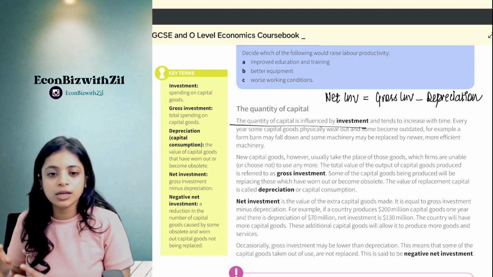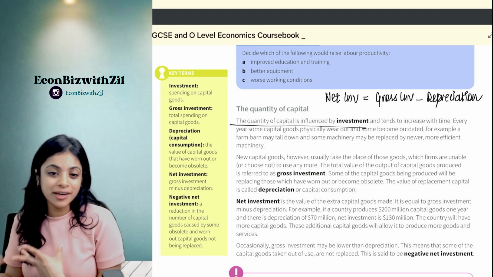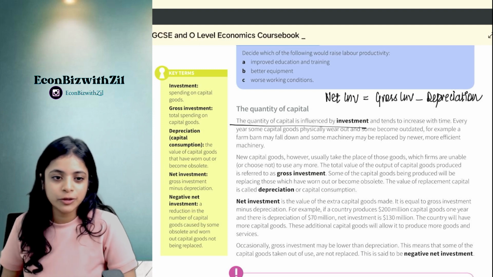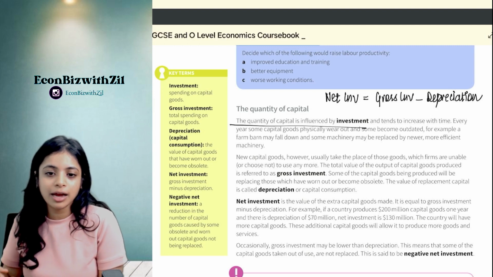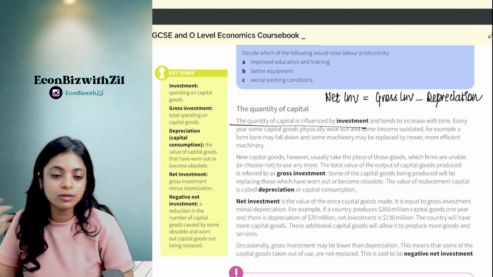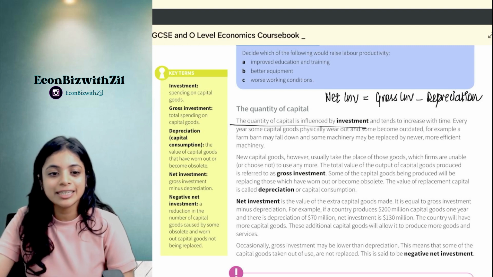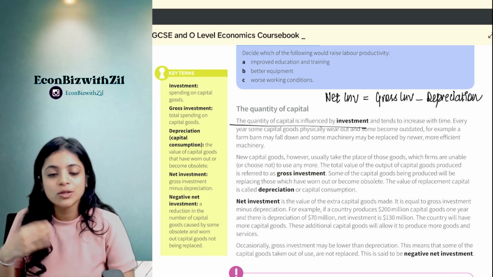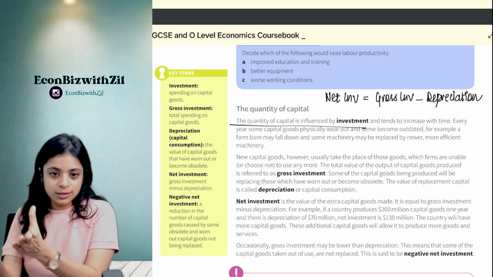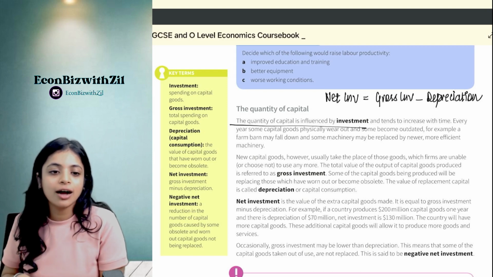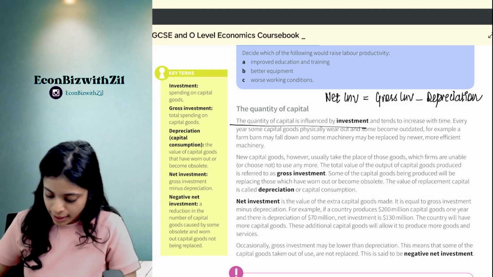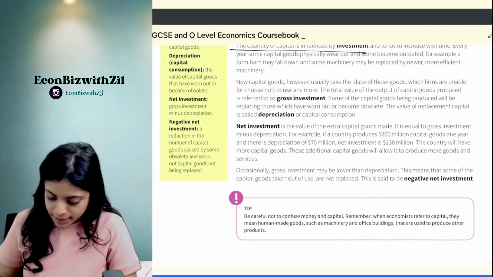Depreciation is just accounting for the wear and tear of the capital goods, because they become obsolete or because of usage. So net investment is whatever your gross investment is, which is your total spending, minus the wear and tear. Okay, so that's the quantity of capital.